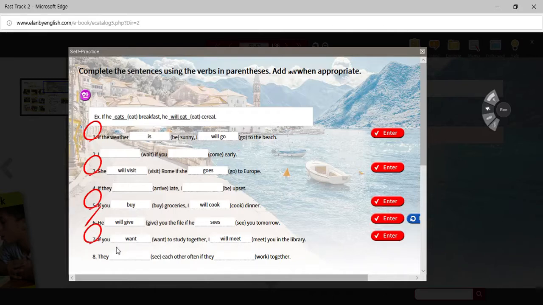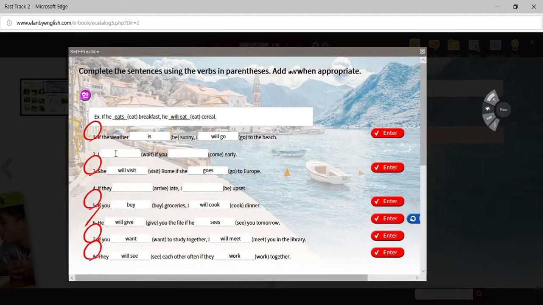If you don't want to study together, I won't meet you in the library. Number 8, they will see each other. I already know will goes in this clause because there's no if clause. With if, you just need the verb. If they work together, they will see each other often.